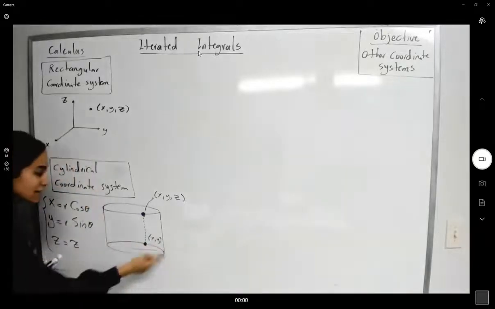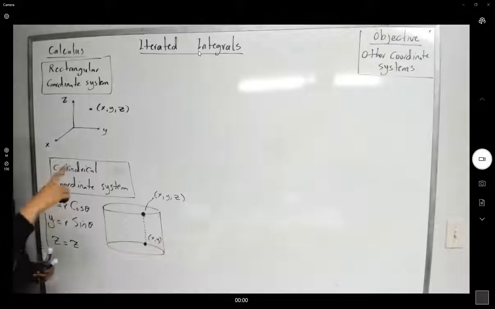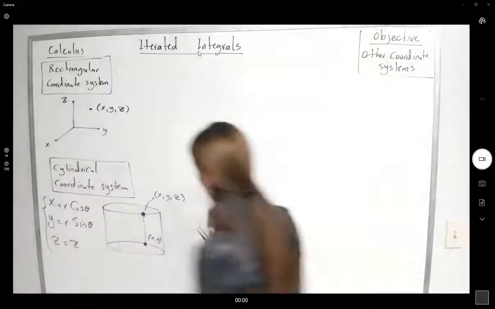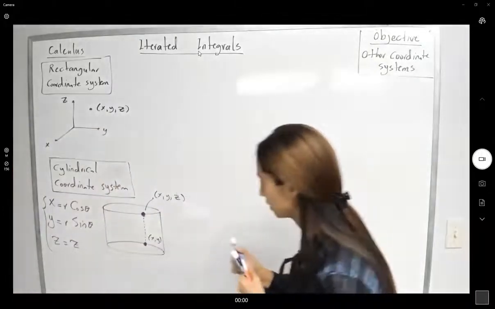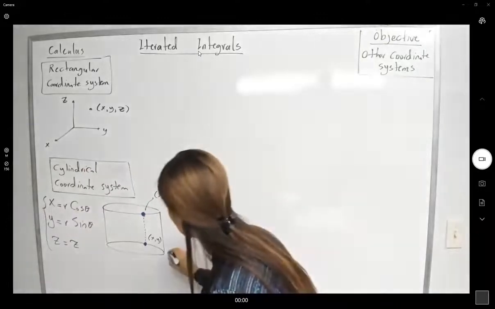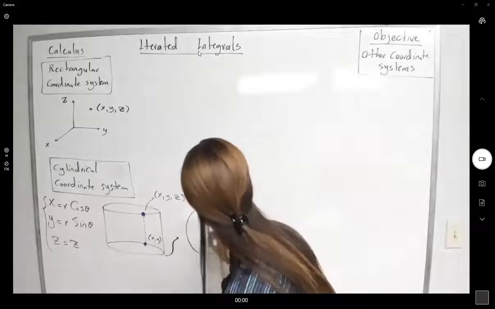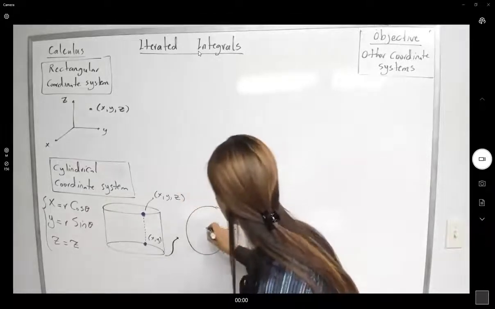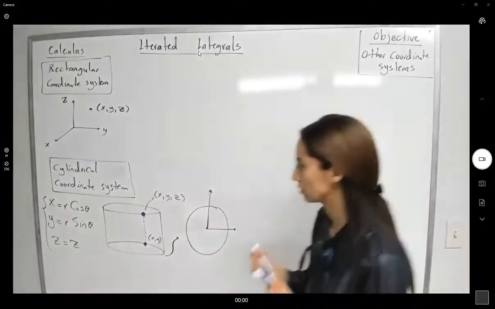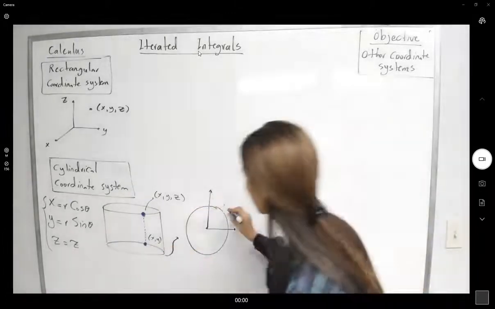And since the base is in a circular shape, let me graph this here, the base in circular shape, then you have your x-axis, you have your y-axis. Well, this point x and y is, for example, right here.